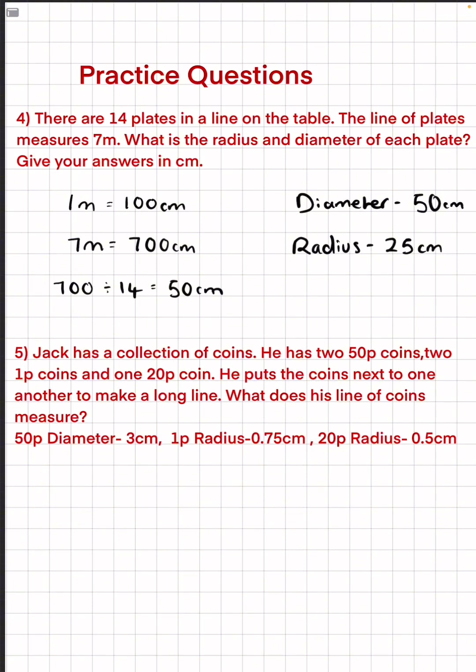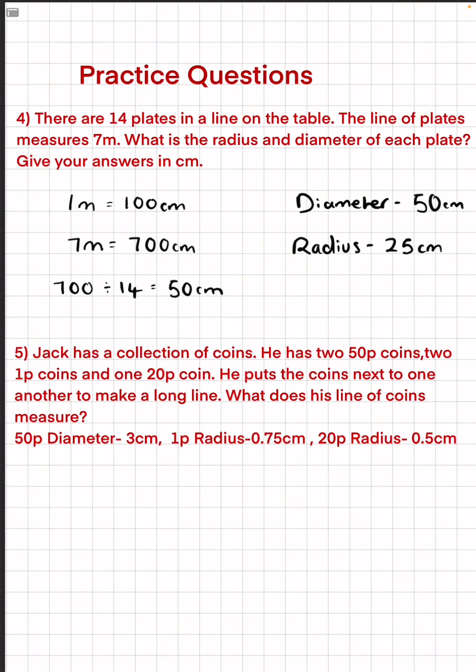The next question says Jack has a collection of coins. He has two 50p coins, two 1p coins, and one 20p coin. He puts the coins next to one another to make a long line. What does his line of coins measure?